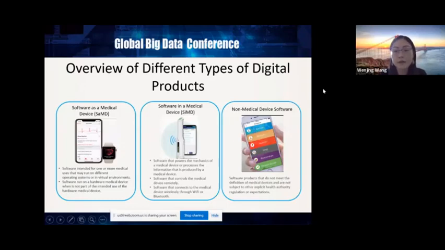So this is an overview of different types of digital products. Currently, there are three different categories of digital products. It could be software as a medical device, software in a medical device, or non-medical device software. Here is one example. This is an Apple Watch, and the watch is just a platform that supports different applications running.